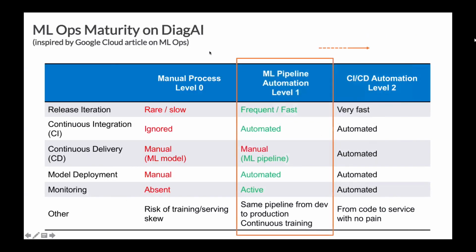So this is, I think, the last slide. And our maturity in terms of MLOps on this use case, diagnostic AI, is that in the beginning we were doing a lot of manual process, level 0, using Jupyter notebooks. So release iteration was rare or slow. We do not release many models.